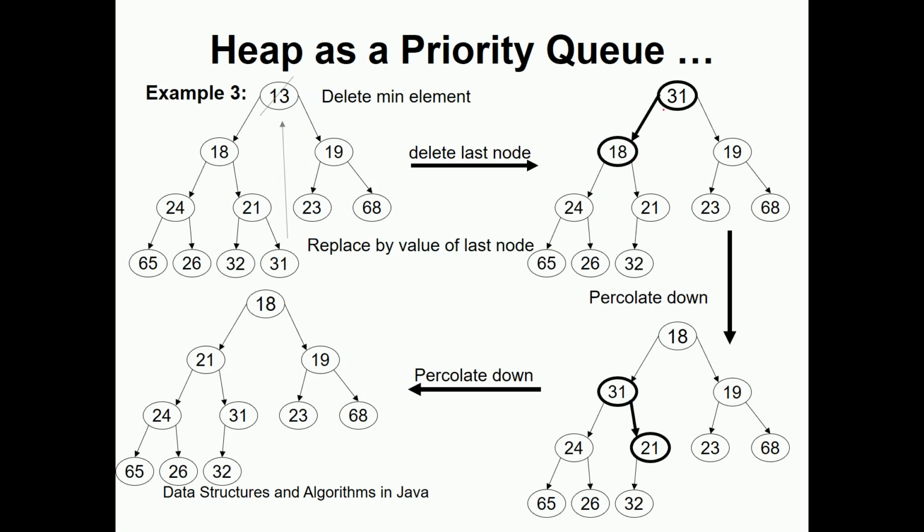So in this case we'd like to look for the smallest. If it was a max heap, we look for the biggest, and then we swap. We swap until either we're a leaf or there's no need to swap. Like for example here, after 21, the 31 is displaced. There's no need to swap it with 32 because there's only one. And that's how you're always going to maintain a priority related queue.